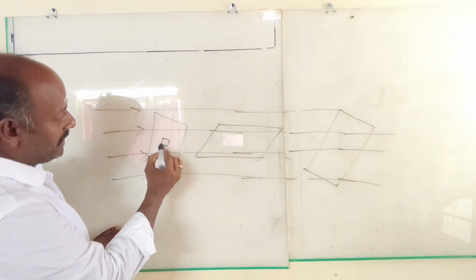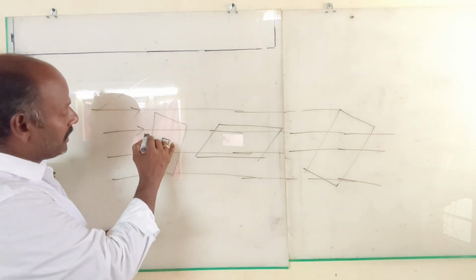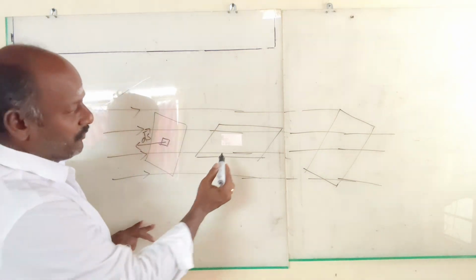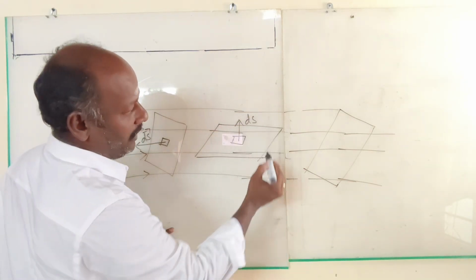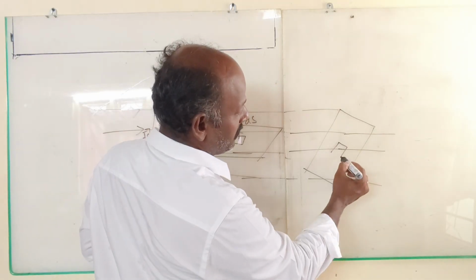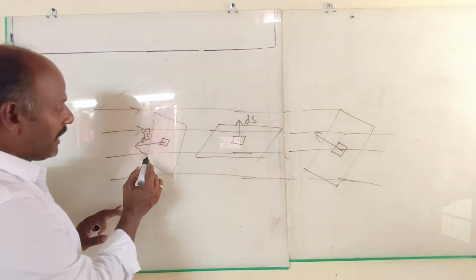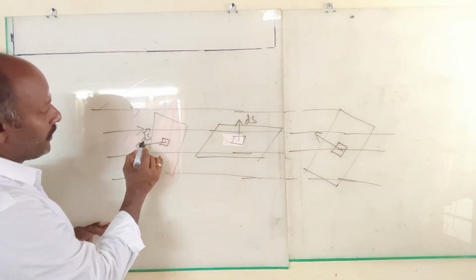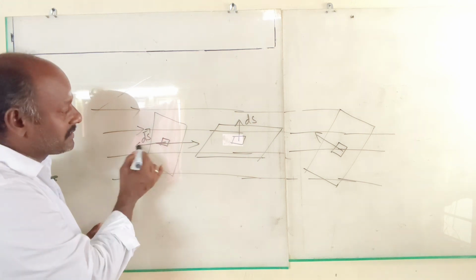So how can the area vector be measured? Suppose this is the area, so this will be its surface vector ds, and for this one this will be the surface vector ds, and for this one also a surface vector. Now the electric field will be moving in this way, and ds will be acting in this side.